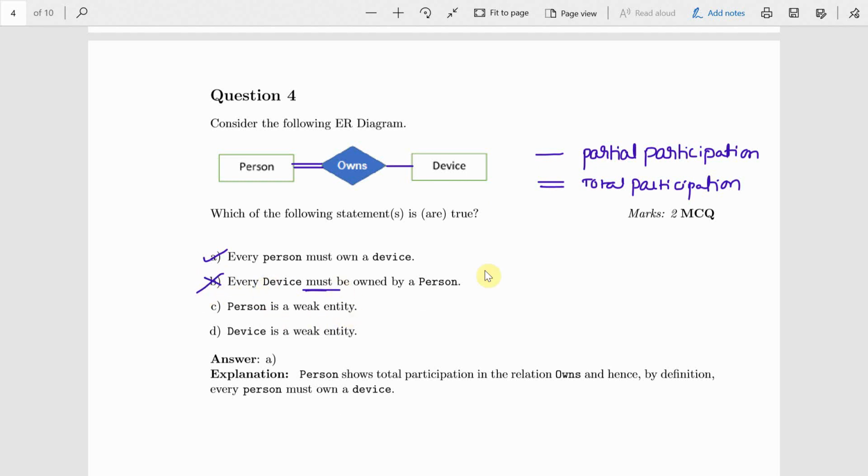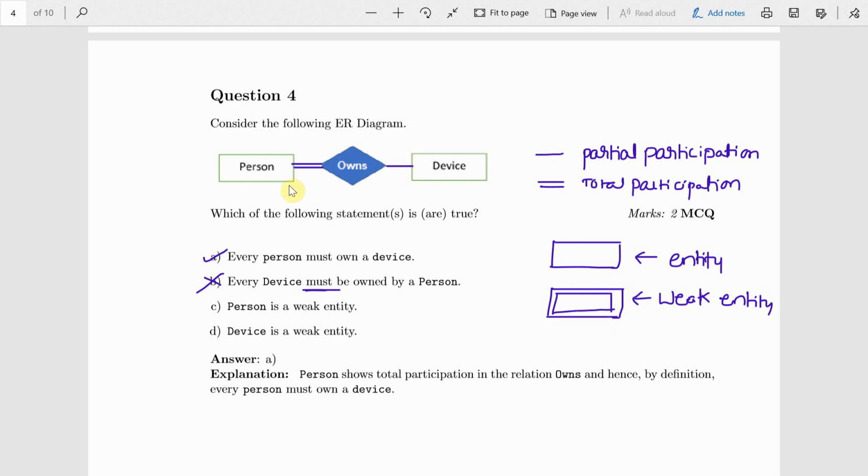Person is a weak entity. An entity set is represented with a rectangle. If the same rectangle is represented with a thick line, or else we call it a double rectangle, then we call it a weak entity set. A single rectangle is called a strong entity set, or simply we can call it an entity set.